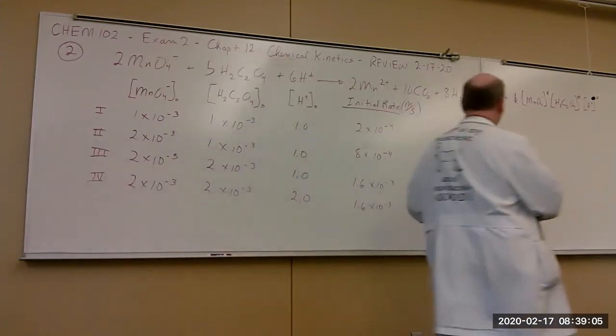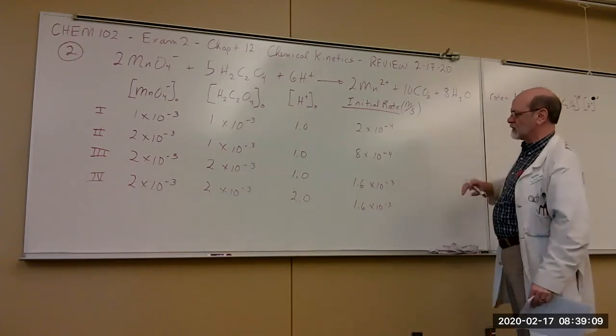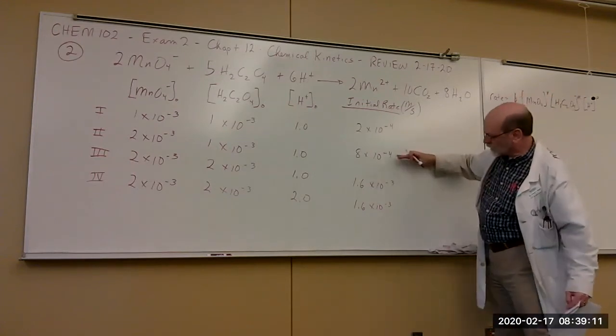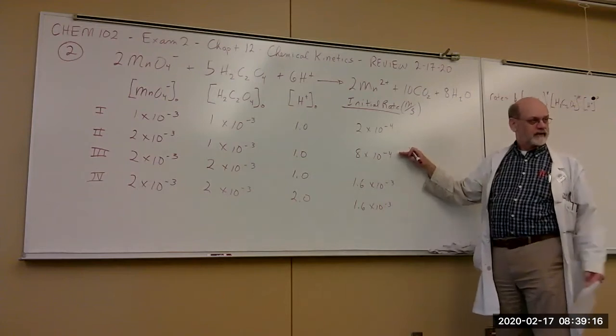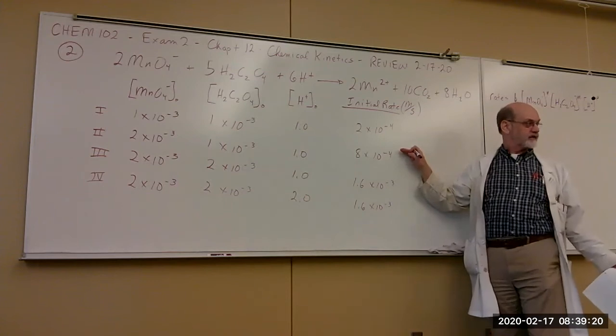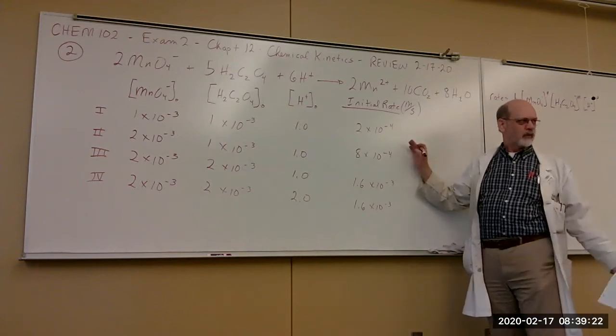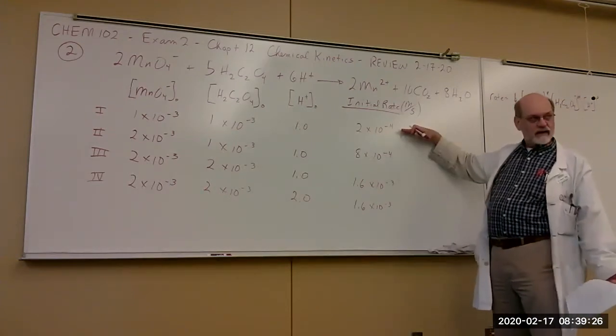So if we ratio these two experiments, putting this one in the numerator, why? Because it's the bigger one, right? It's better to have a whole number or a number greater than one than it is a fraction. It's easier to deal with. So we'll put this one on top, this one on the bottom.